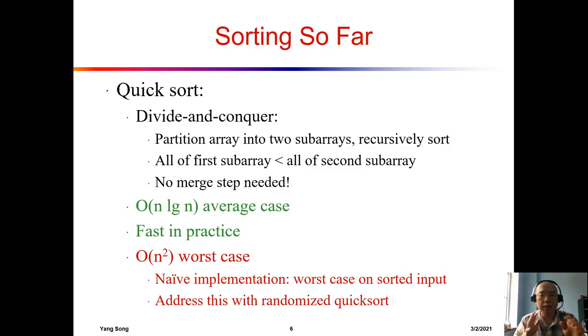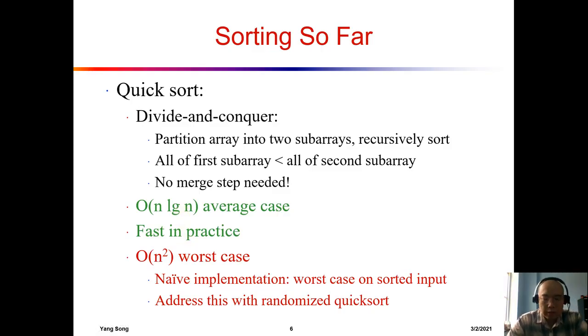After that, the pivot will stay at the same place, and then we want to recursively sort the lower half and the upper half. For the average case, that is O(n log n), and it is fast in practice because the base number here is usually a very small number. And O(n^2) in the worst case.